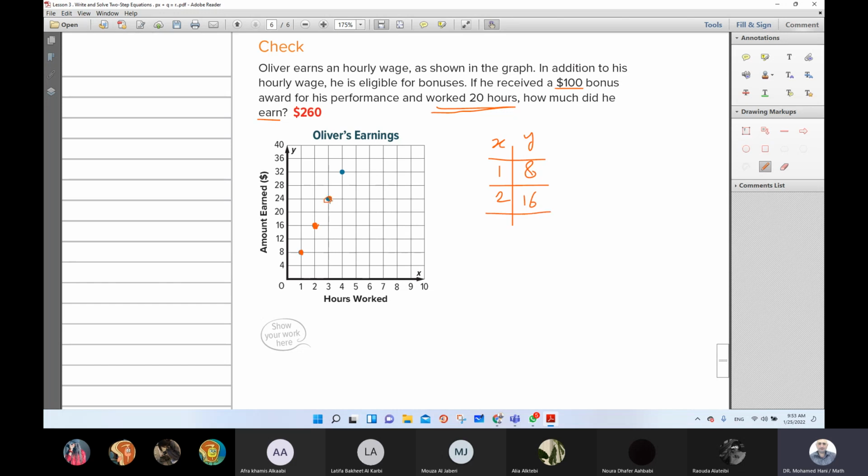If he worked 3 hours, the amount will be 24. Then if he worked 4 hours, the amount will be 32.